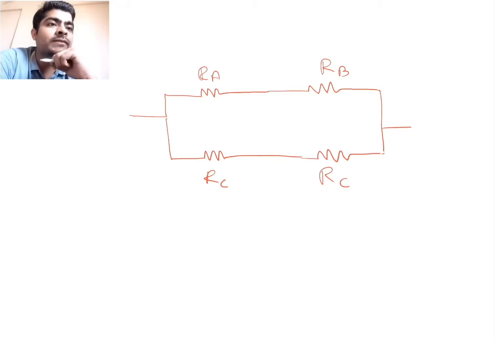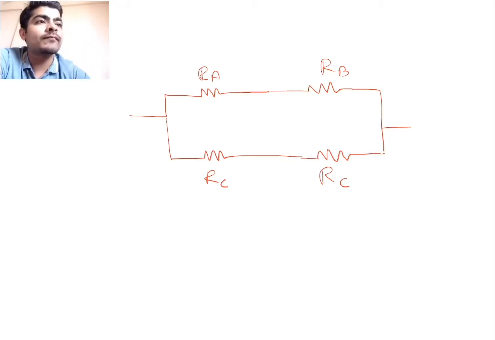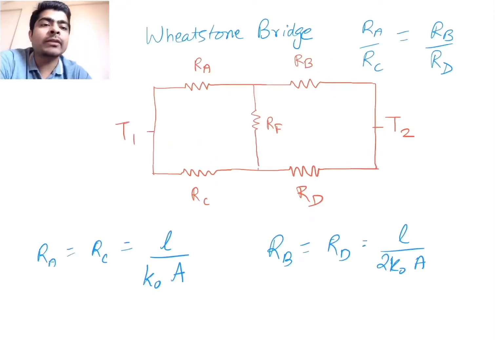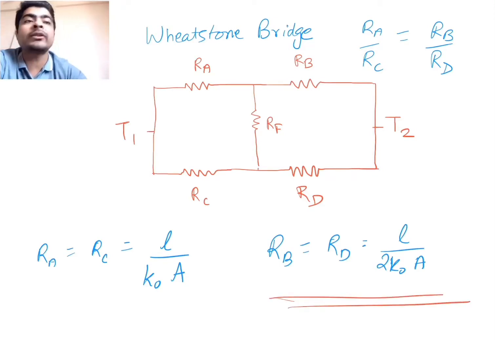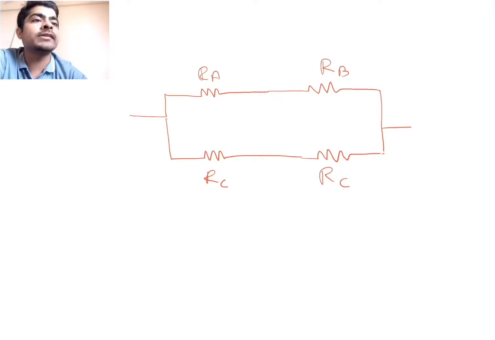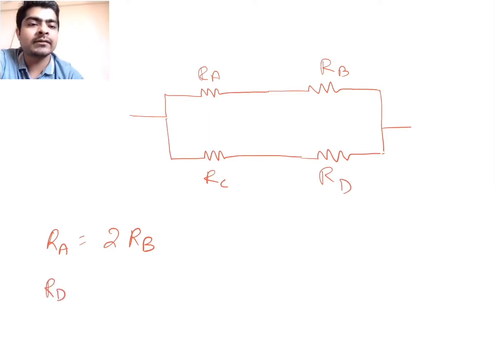Now Ra equal to Rc equal to L by K naught A and Rb equal to Rd equal to L by 2K naught A. So we could say that Ra equal to 2 times Rb. Similarly, sorry, this is Rd over here, I made a small mistake. This is Rd, so Rc will be 2 Rd.